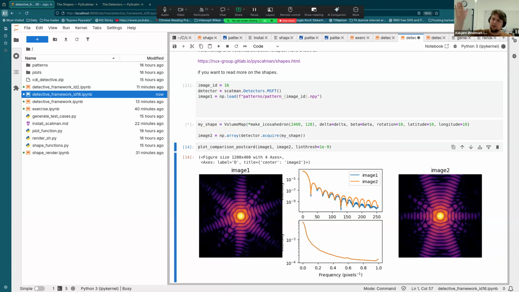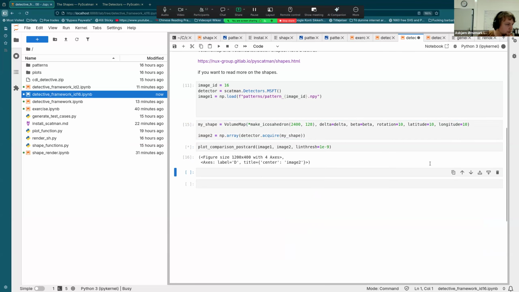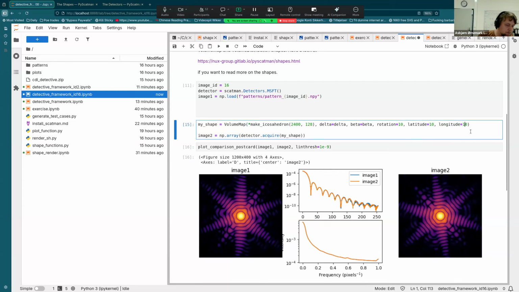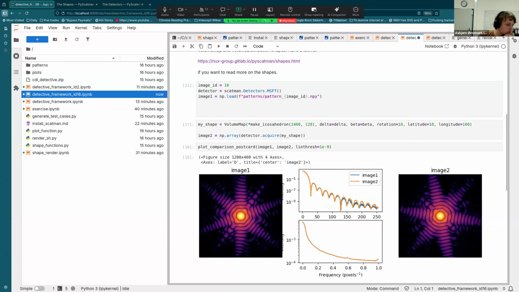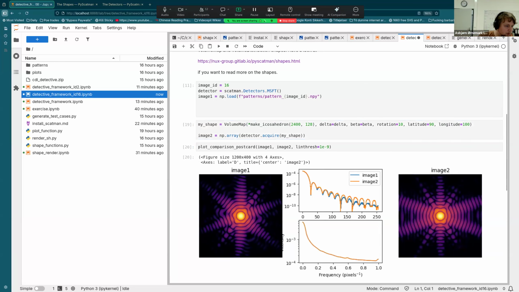Rotation is the last one, which I guess goes like this. Image 2 is the thing that is changing. Maybe we can find the place where it shows 5.